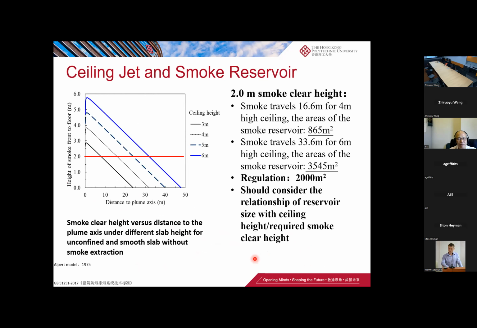And from these two equations, the first set of equations plots how far the smoke can move. From the fire safety design point of view, we normally design a smoke clean height. The required smoke clean height is, say, 1.8 meters in Australia. Normally we use 2.2 meters or even higher.